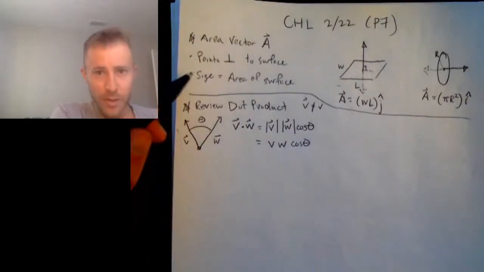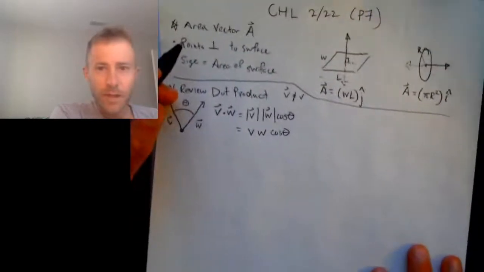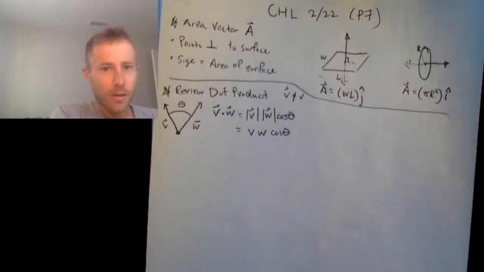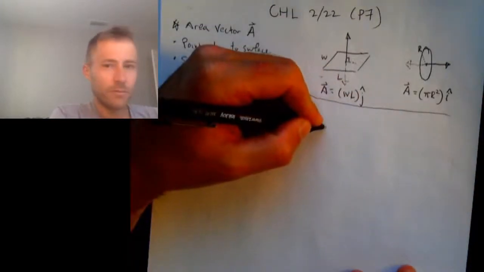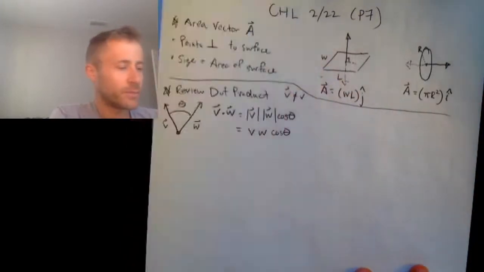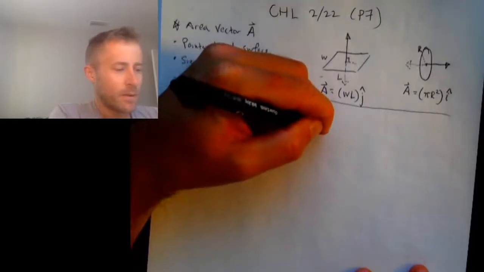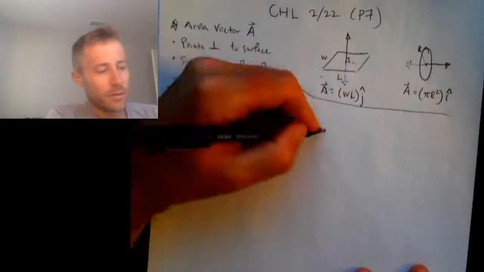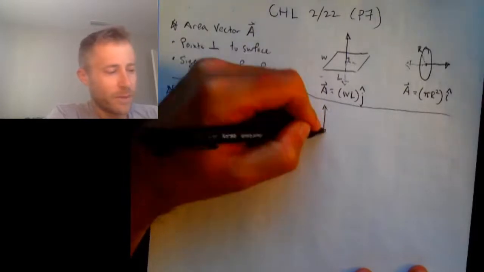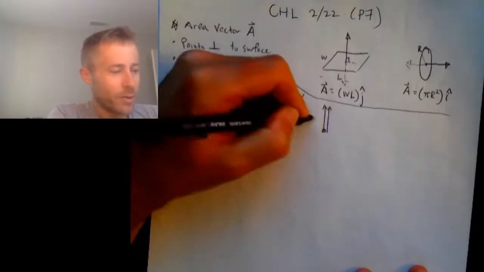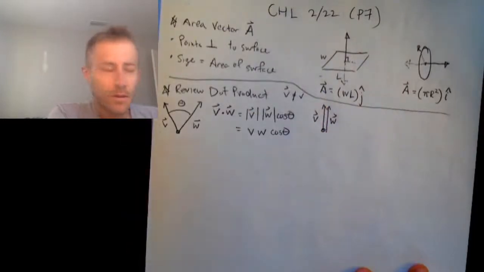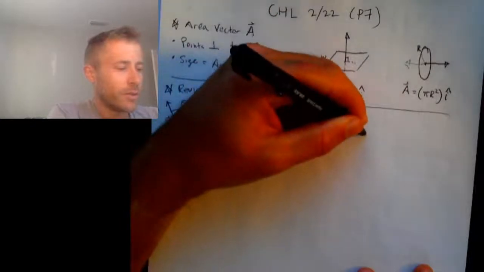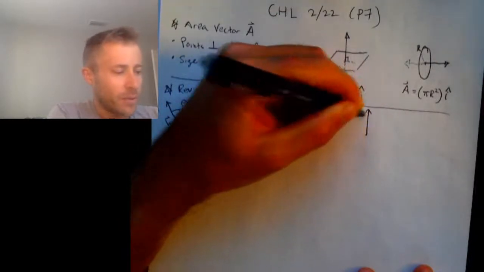There are three cases of the dot product that are going to be of the most importance to us in this lesson. One is when both V and W point in the exact same direction. The other case is when V and W point in opposite directions.